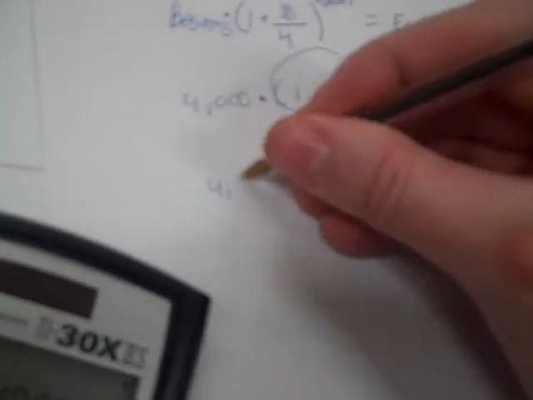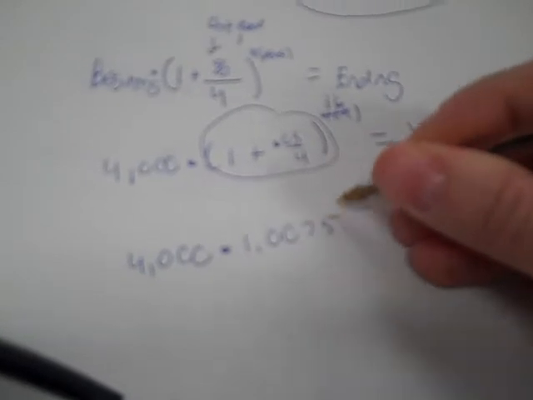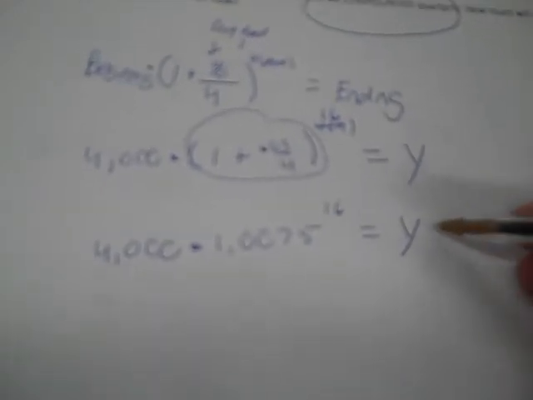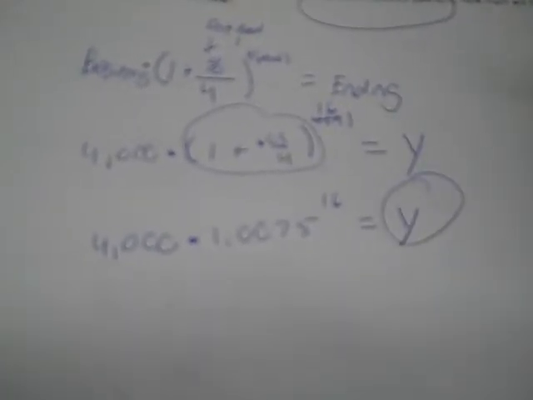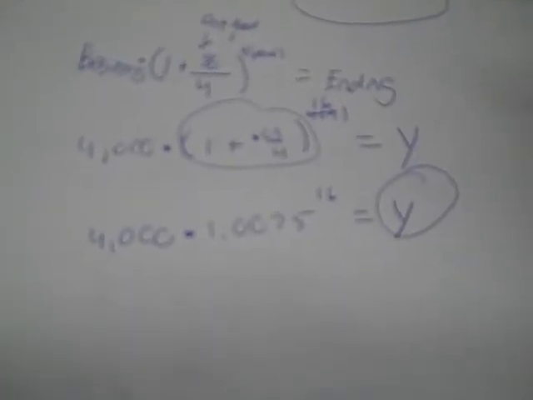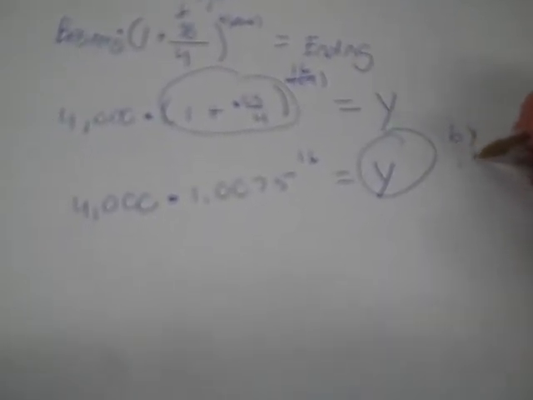So I have 4,000. Now that parentheses is replaced by 1.0075 to the 16th power, and then y. Okay. Y is the letter you're solving for. It's not a power, so you don't use log over log. It's by itself, so that means you can just plug this into your calculator. 4,000.